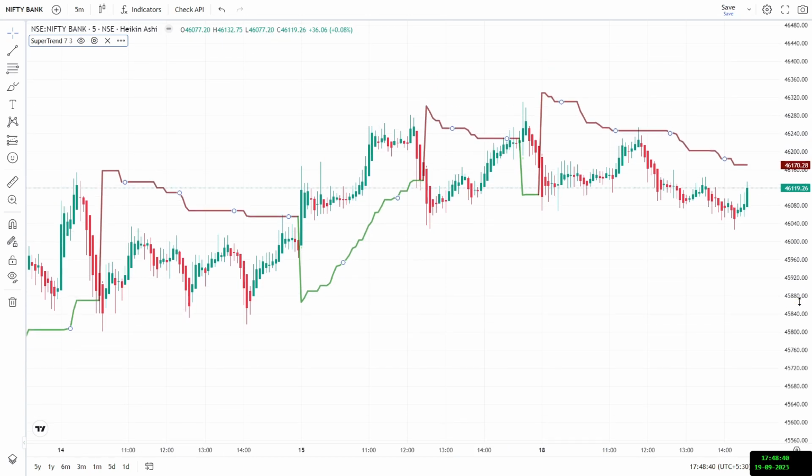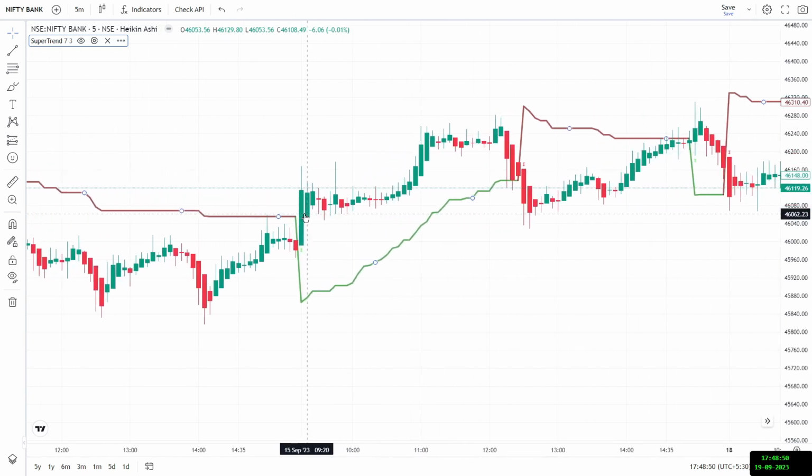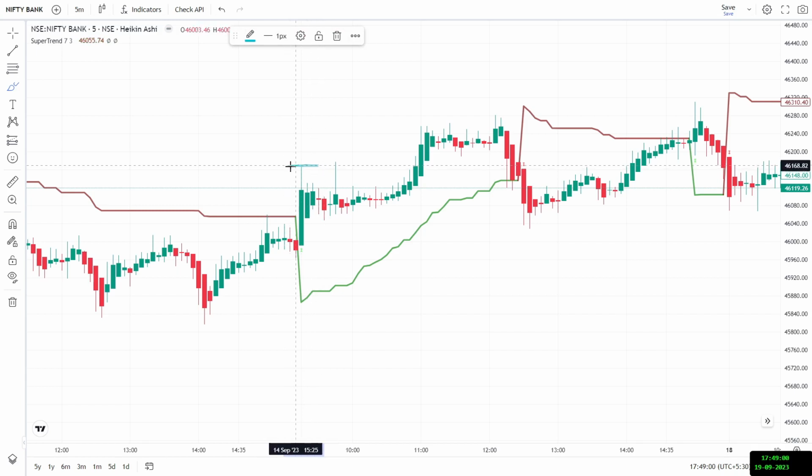Now what I'm doing is I am taking a trade when, let's take an example here, right? We have got a green candle here, but I am not going for an entry on this candle. I am waiting for the high to get broken. So once the high gets broken of the Heikenashi candle, when I am on a green Supertrend, I will go for an entry.